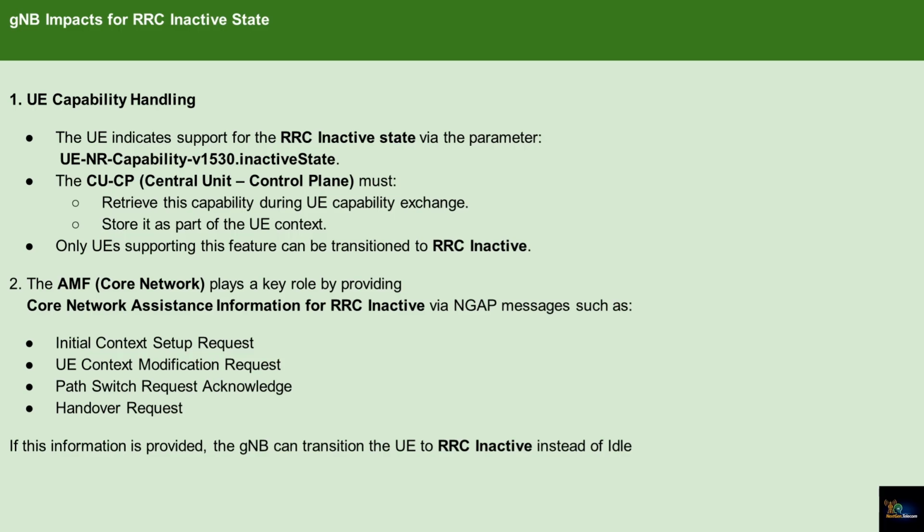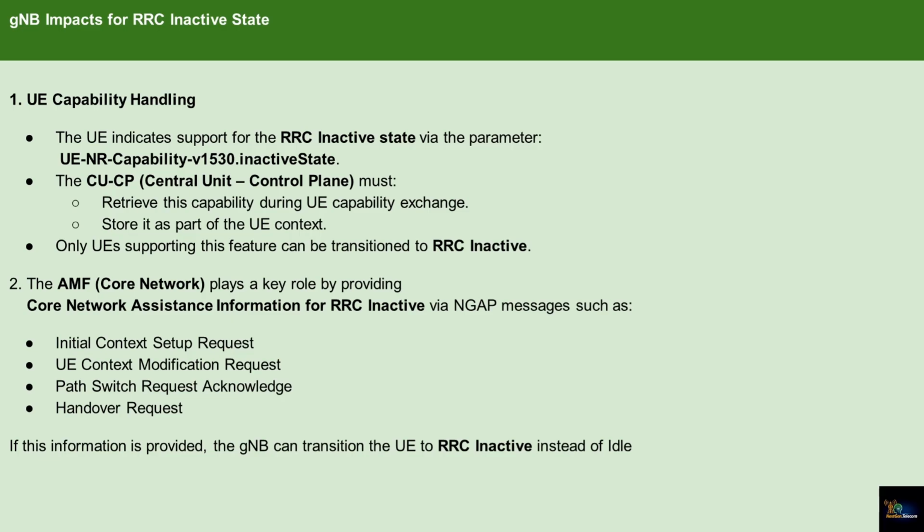The second point is that the AMF plays the key role by providing core network assistance information for RRC inactive via NGAP messages such as the initial context setup request. So the core network also plays a key role for this inactivity. These messages include the initial context setup request, UE context modification request, path switch request acknowledge, and handover request.